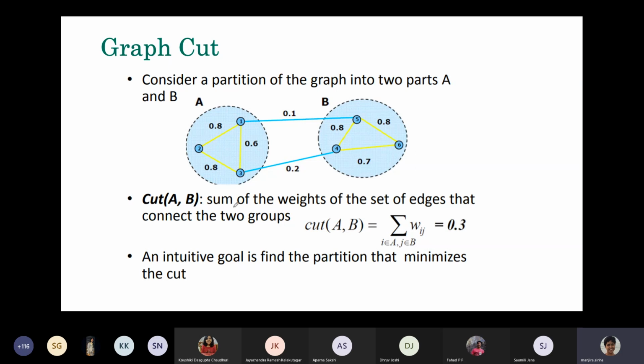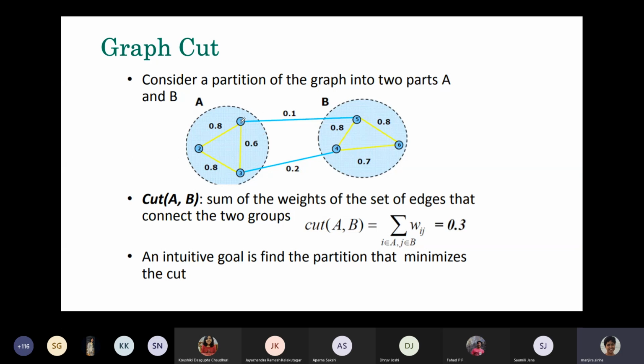The cut of A and B is defined as the sum of the weights of the set of edges that connect the two subgraphs. So the cut between A and B will be the sum of those two edges which are across the two parts.